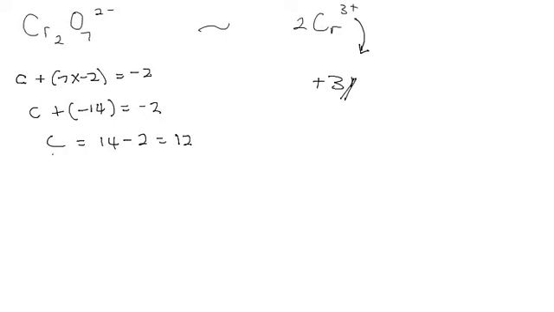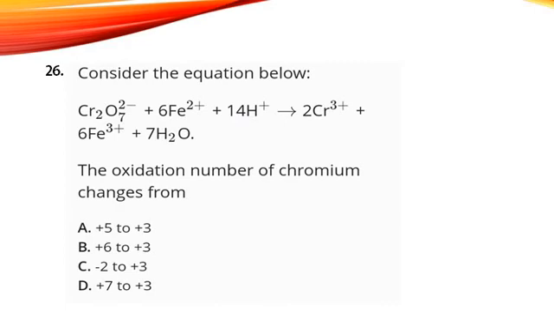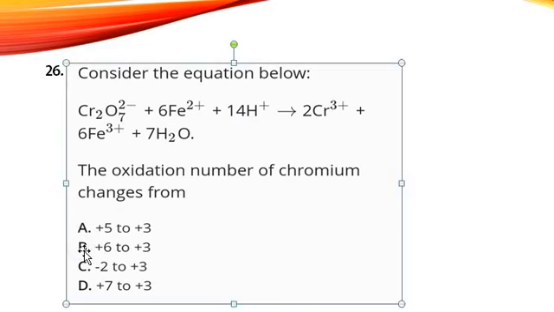That will give you the actual oxidation number of chromium. So ON is equal to 12 divided by 2, which gives you +6. So this is implying that the change of oxidation number of chromium is from +6 to +3. That means it was reduced. From the options we have, there's +6 to +3. So our answer is B.